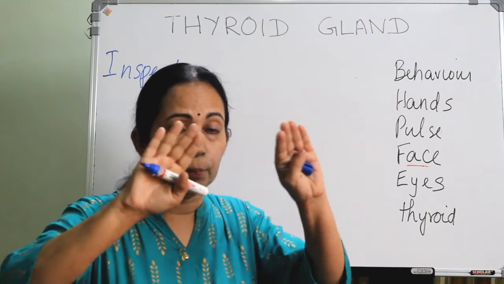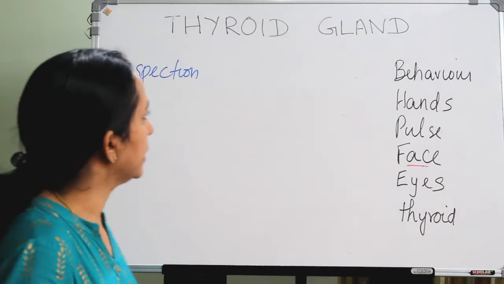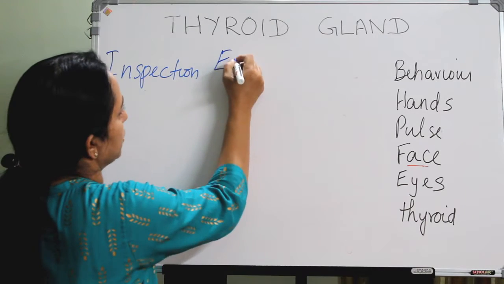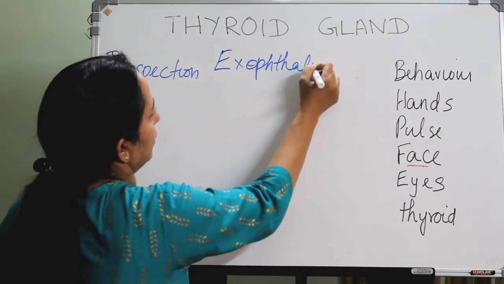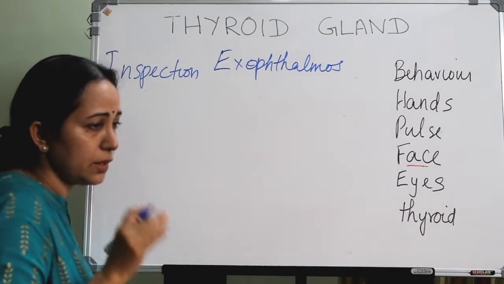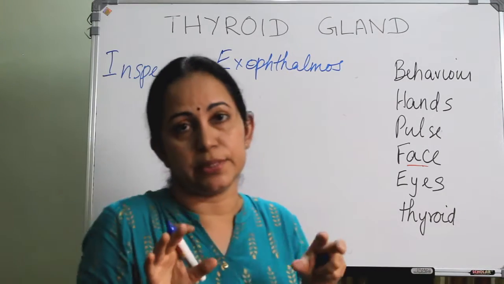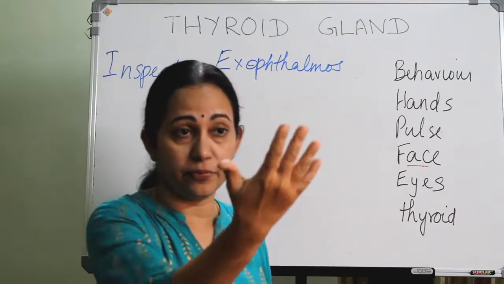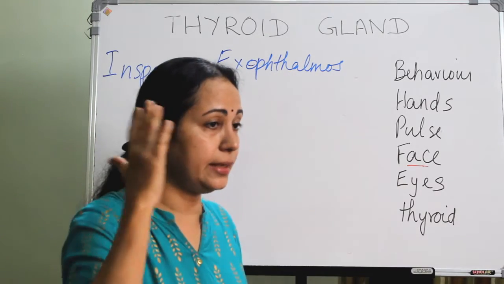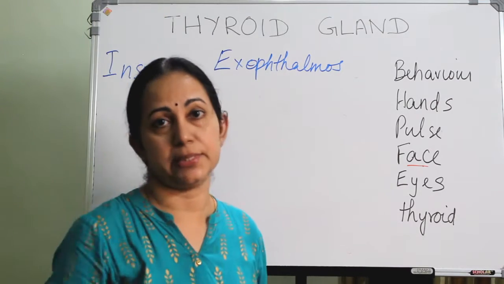These eyes will be pushed outwards. So that is called what? Exophthalmos. The eyes will be pushed outwards. That is exophthalmos.